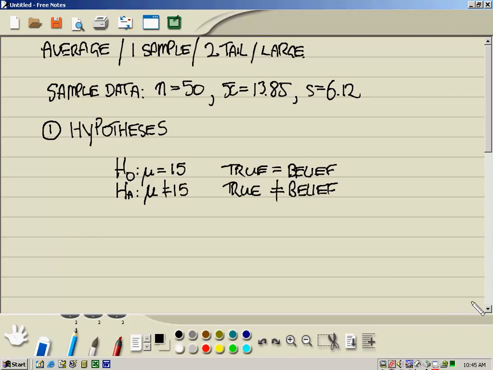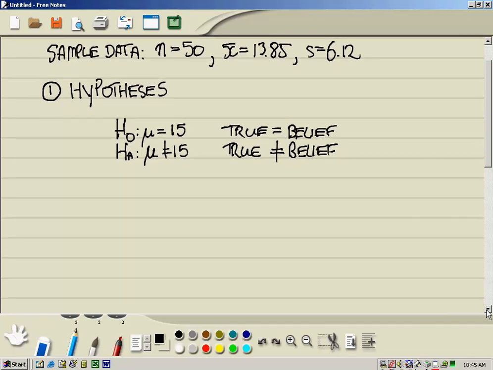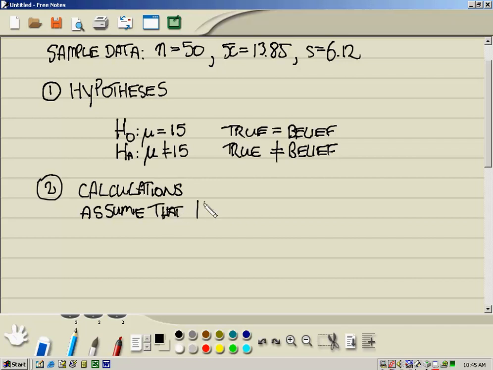Second step, the calculations. We start these calculations with the assumption that the null hypothesis is correct. I have to start somewhere, and that's why we want the null hypothesis to include an equal sign. If it did not include an equal sign, we can't base our calculations on that.